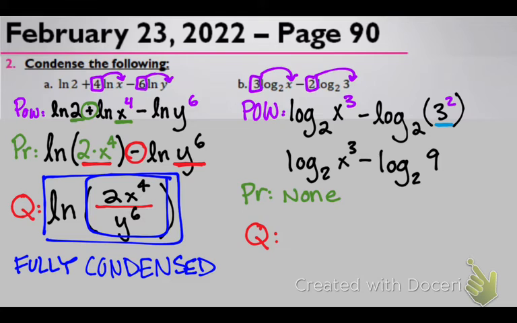But I still have to check for quotient rule. That's my last step. What symbol do I look for quotient rule? Subtraction. And I see I do have subtraction. So I want to divide my arguments there.